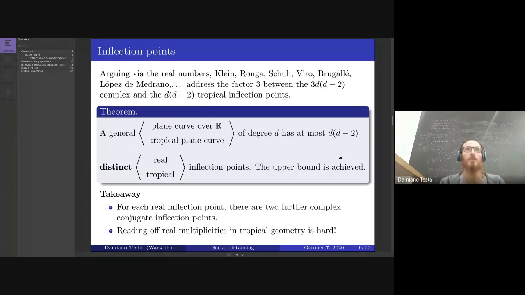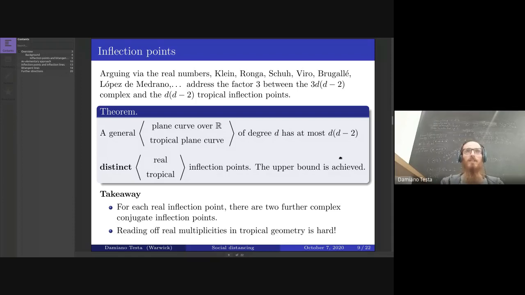Okay, so here is the tropical side of how people have explained or argued or used inflection points in the tropical world, and tried to justify or did justify why you have this factor of 3.